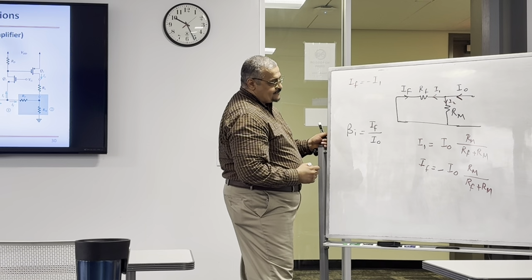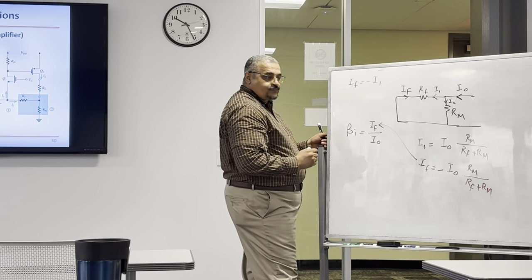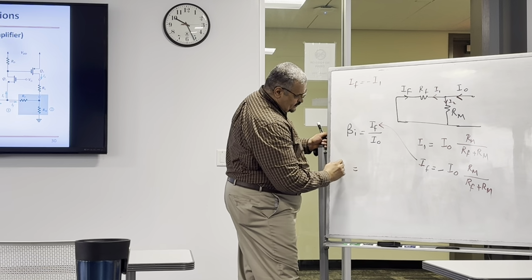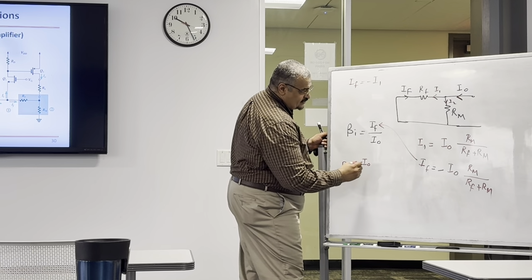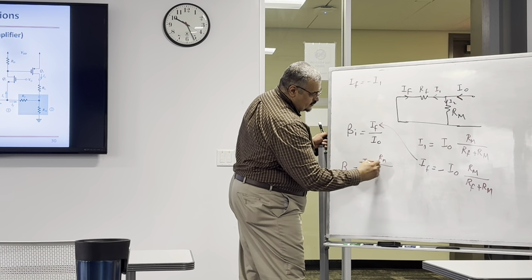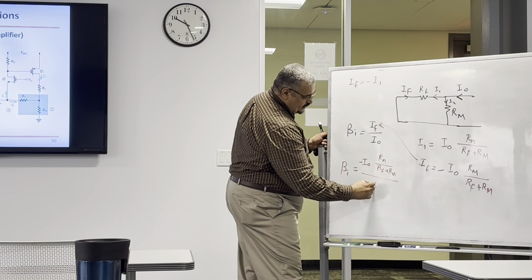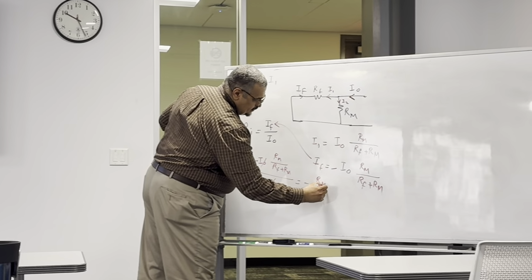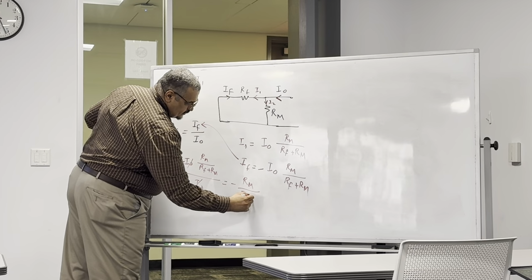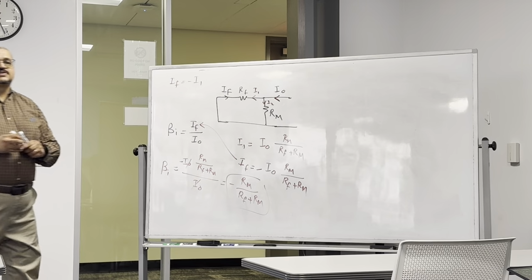So let's substitute this here. Beta is IF divided by IO, which is negative RM over RF plus RM. So this is the value of it.